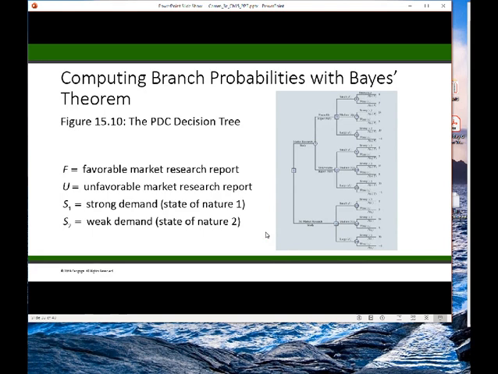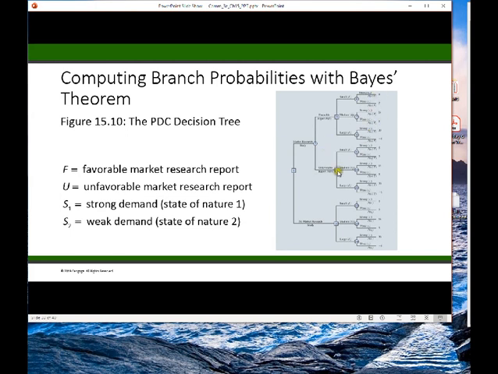It shows here with the model, you'll notice that in this depiction of the model, they don't give the 0.94, they give the posterior probability. The probability of strong demand given a favorable report for the top branch, for example, here.